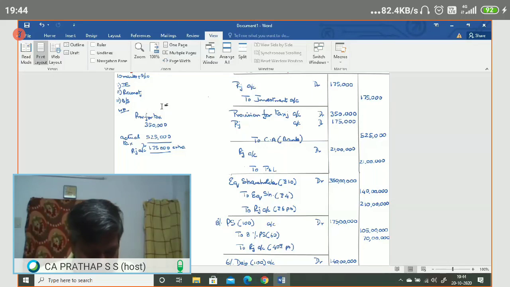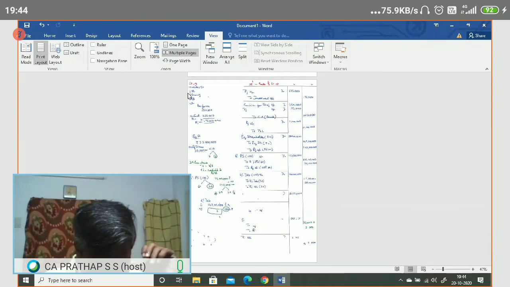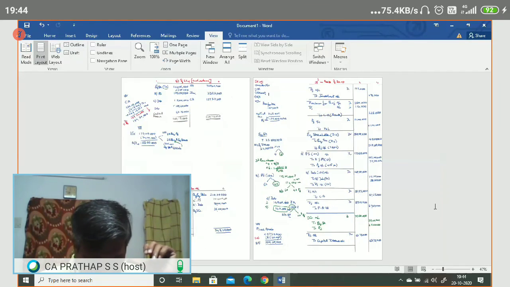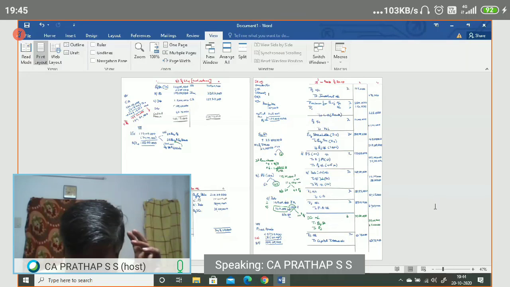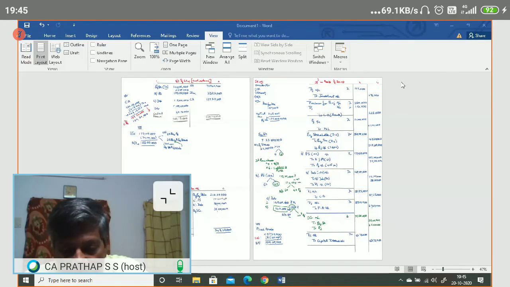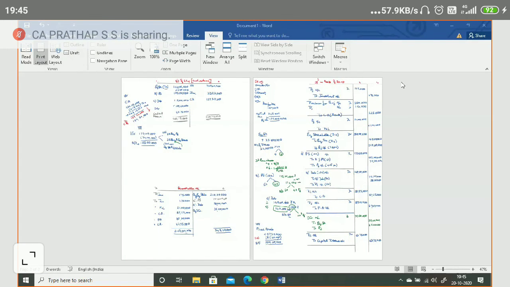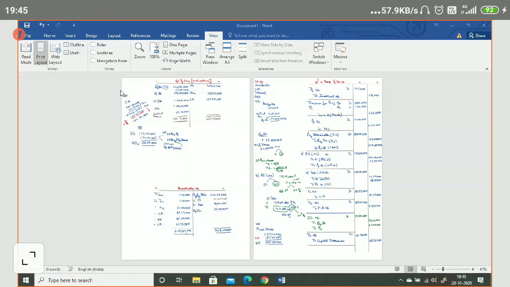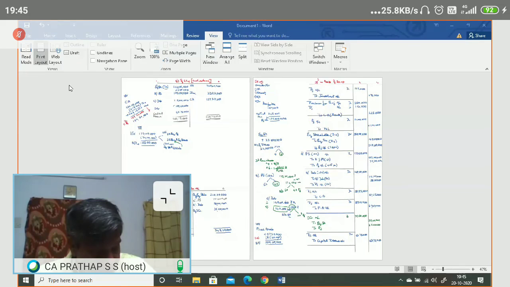Not zoom, zoom is okay. Windows left arrow. Where is read mode, Anirudh? Left corner top. Okay.